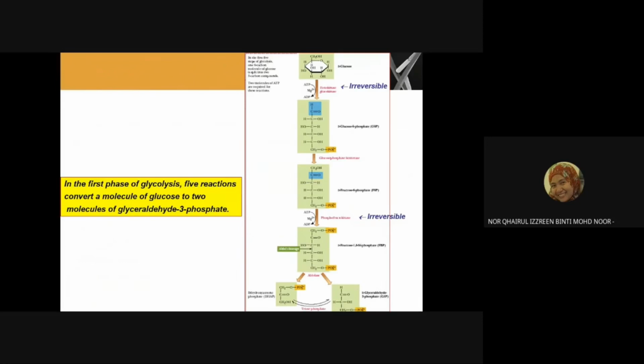This is the first step, this is the second step, and the third step is also irreversible. So for the first stage, you have 2 irreversible steps, step number 1 and step number 3.